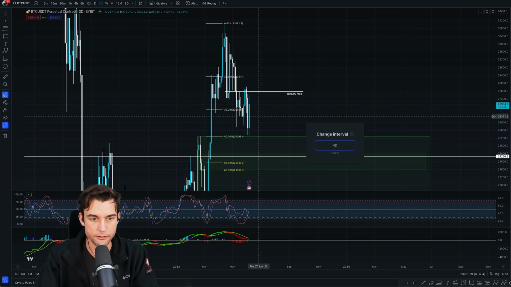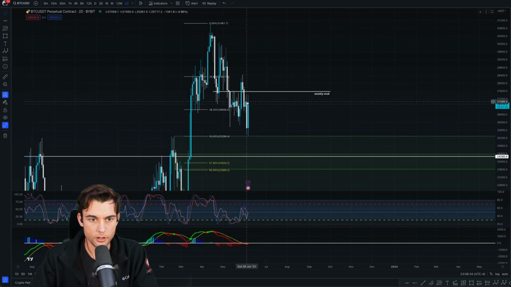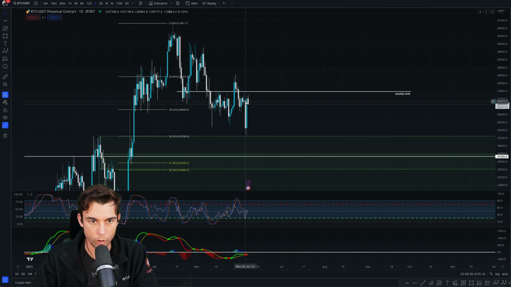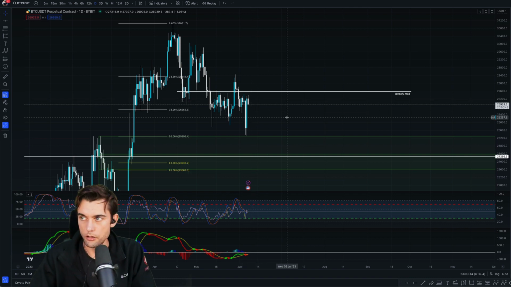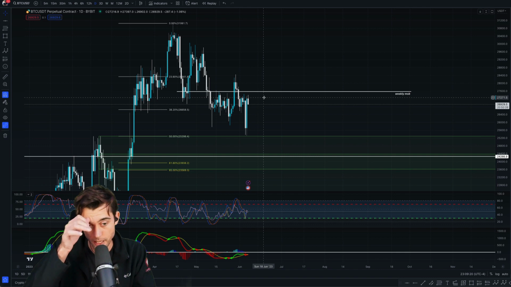Hold on a second, I'm trying to find something. Well, on the daily time frame, you could see that this opened here and closed here. So this should be a huge hammer candle, technically speaking. Okay, so I can't get it because the days are not lined up correctly.